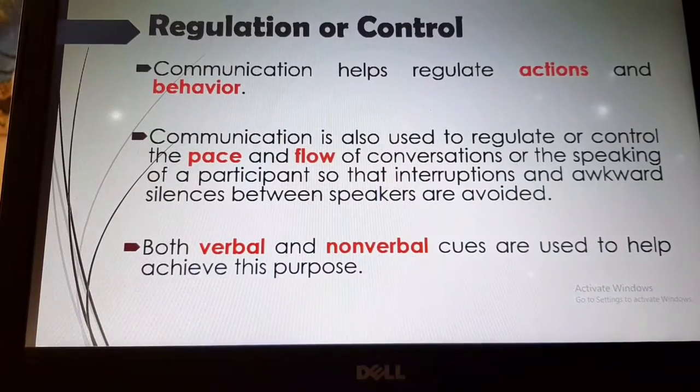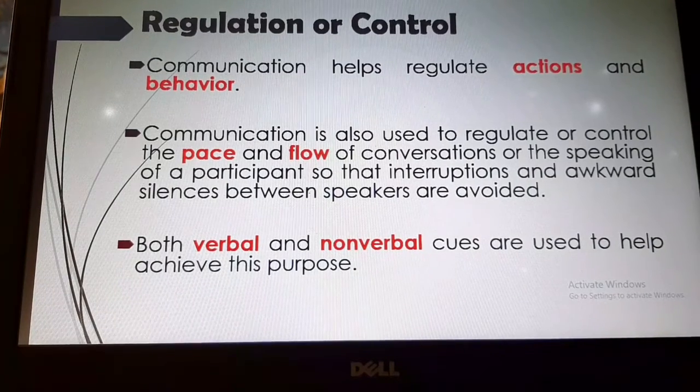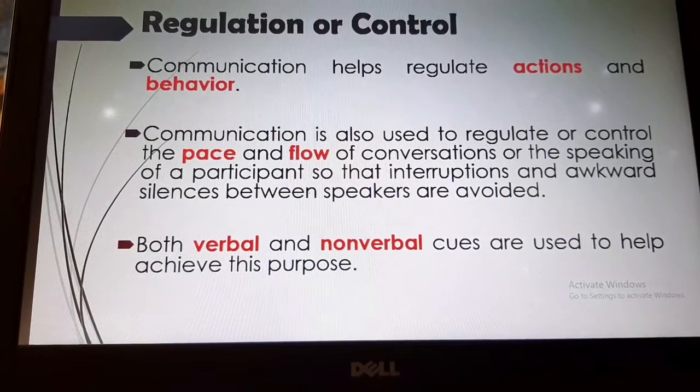Another nonverbal cue that may be used is head shaking. It indicates that the listener wants the speaker to stop talking. One more is raising the index finger, yung hintuturo. Pag tinaas mo yan, that signals the speaker is not finished speaking yet.